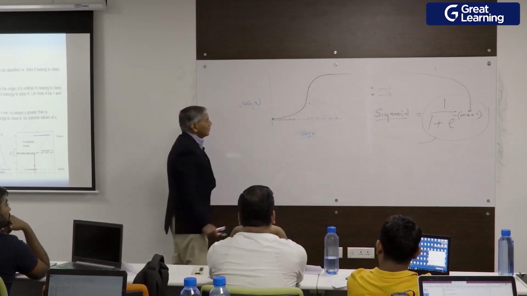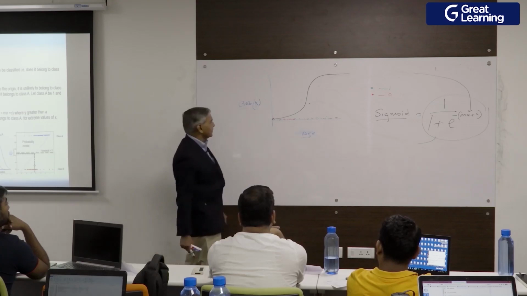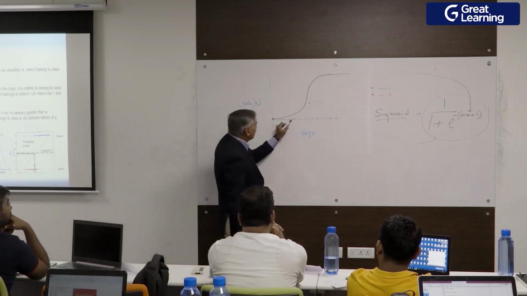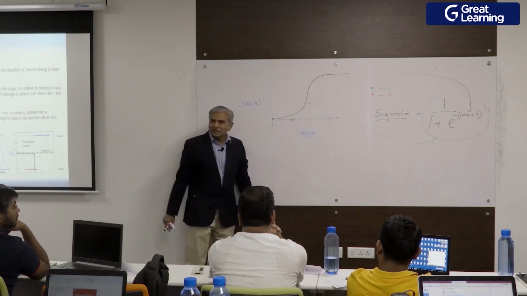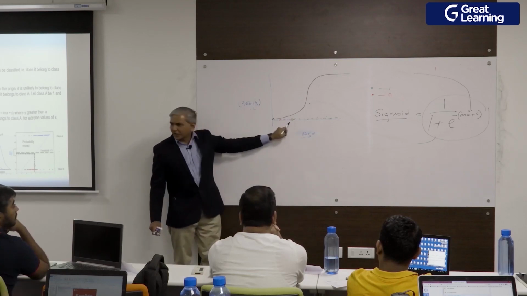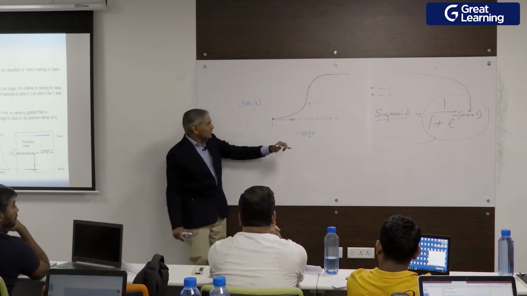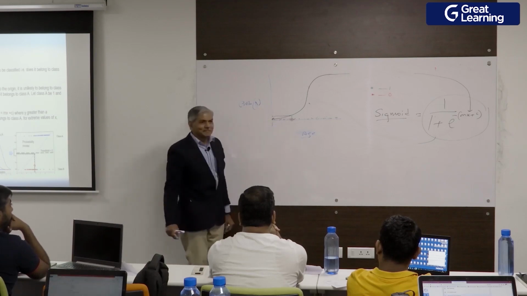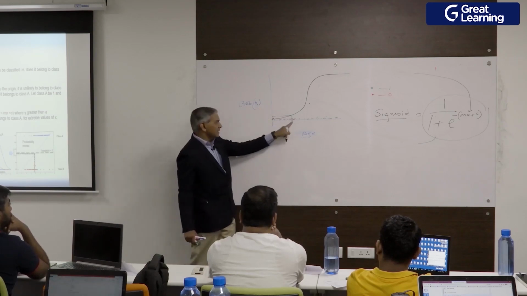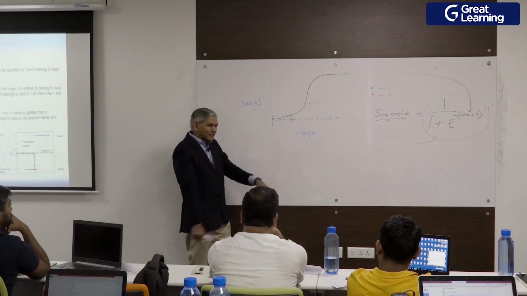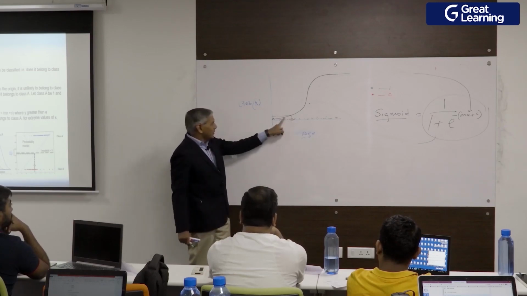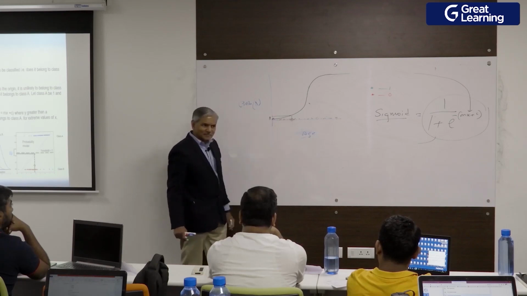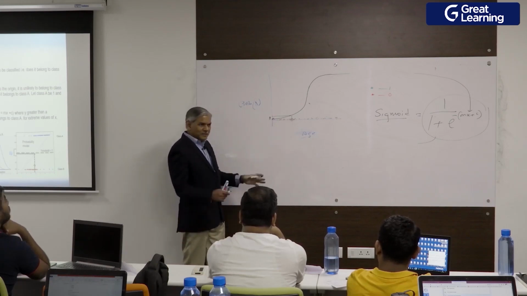Now let's look at what this model is telling you. If you take this red point, what the model is saying is the probability of belonging to the blue class. Suppose we don't know the color. What is the probability of this point belonging to the blue class? It's very low, which means it belongs to the red class.